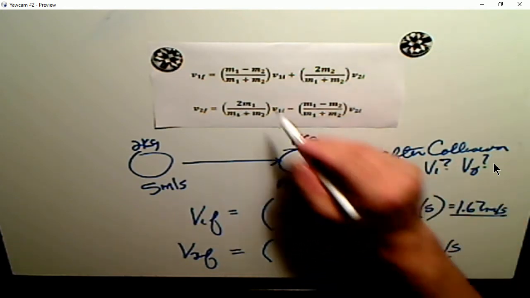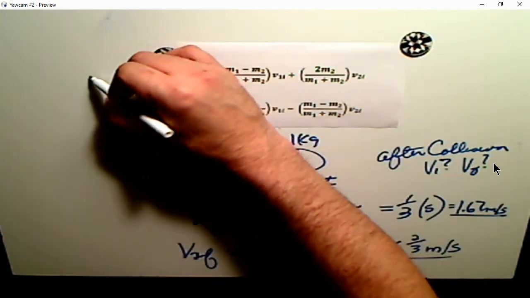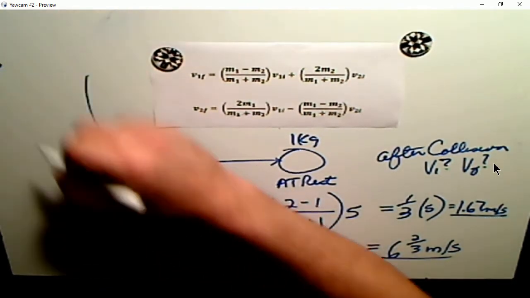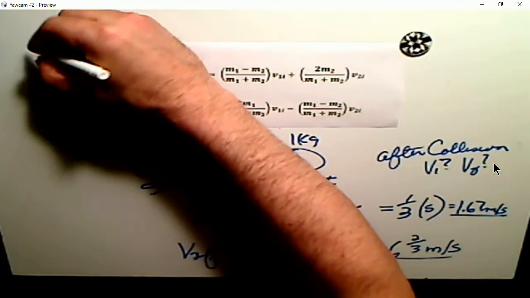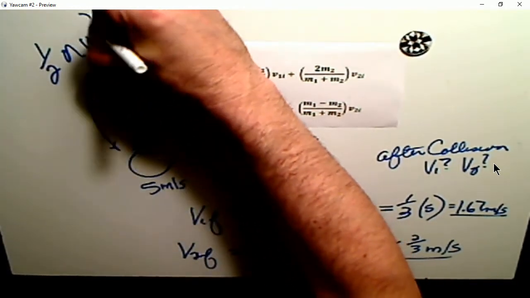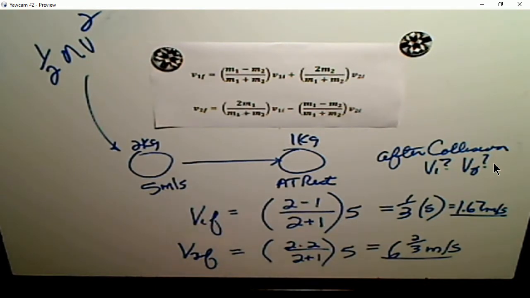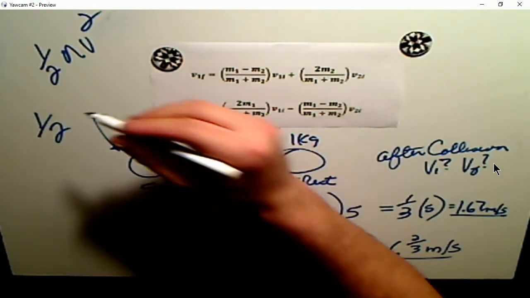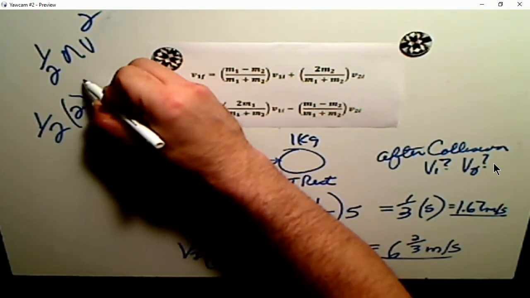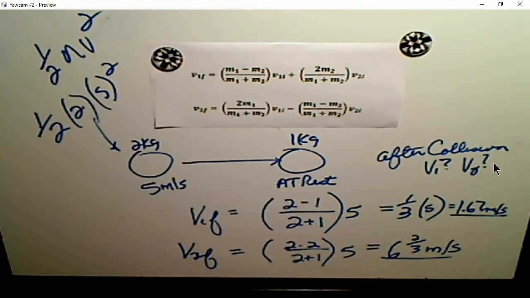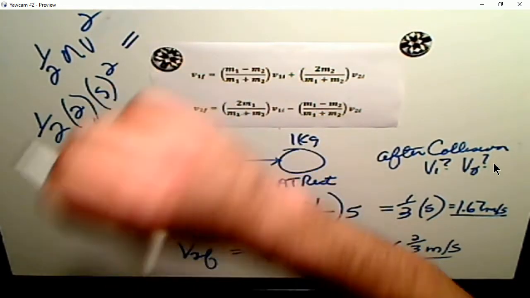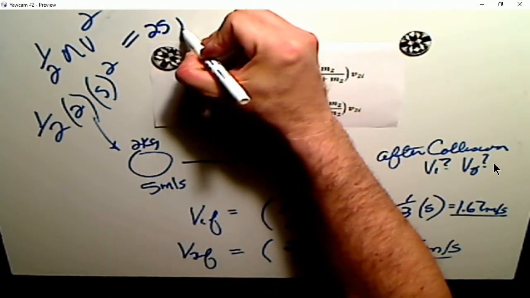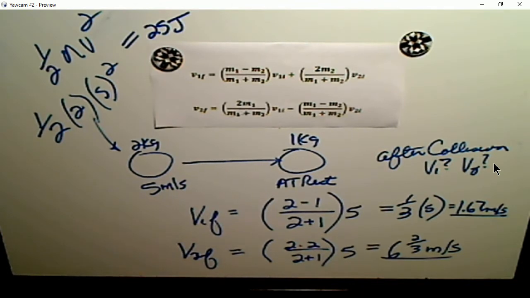Because the before kinetic energy is what? 1/2 mv squared, which is 1/2 times 2 times 5 squared. And that equals what? 25 joules. That's the before kinetic energy.